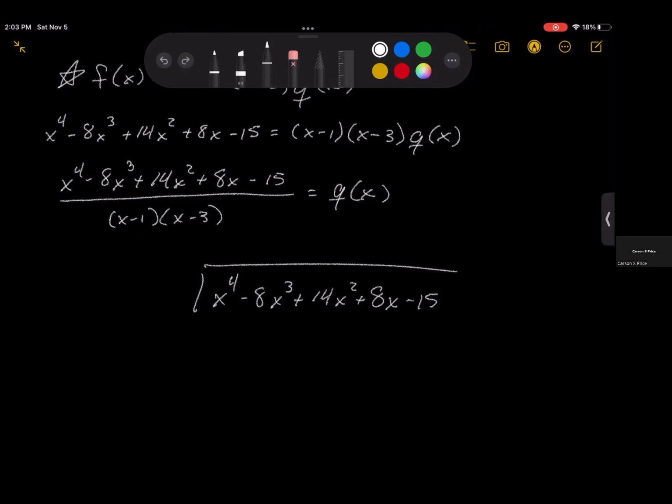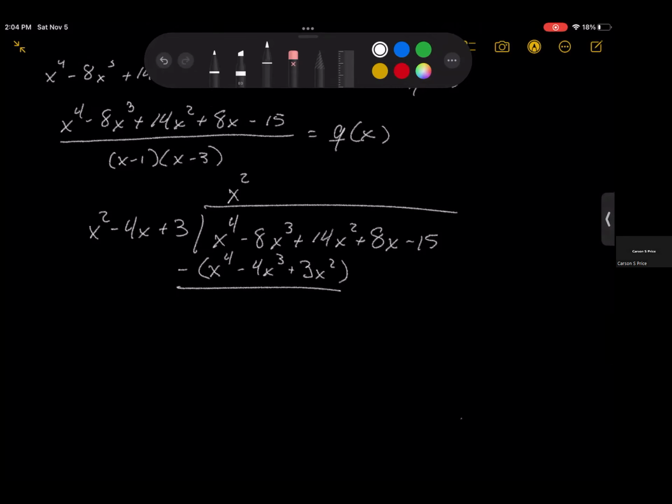So that would be x squared minus 4x plus 3. So that's going to give me an x squared, which would give me x to the fourth minus 4x cubed plus 3x squared. I'll wrap that in parentheses. I'll subtract it. And what do I have?